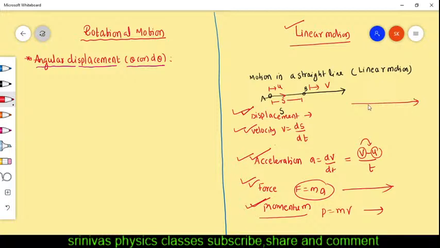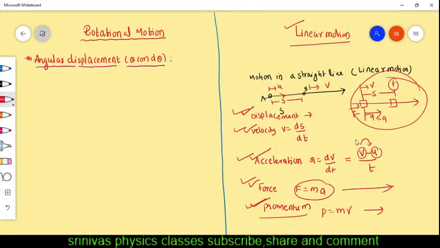What is linear motion? Straight line motion. If any object moves in a straight line, at that moment these terms we have to use: how much displacement it took, how much velocity, how much acceleration, how much time it traveled, how much force was applied on the object. All these terms belong to linear motion.